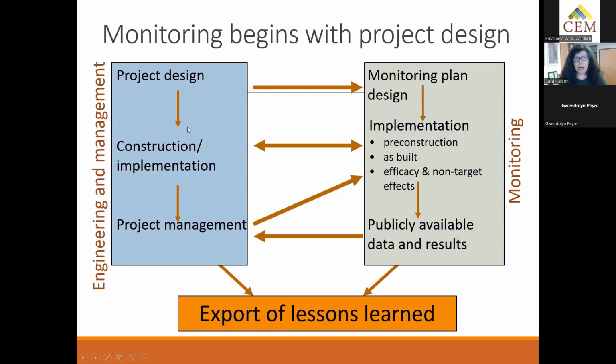So the blue box in the schematic is everything about planning and implementing your project, and then the green-gray box is everything about planning and implementing your monitoring. It's meant to show that they should be occurring at the same time. So you start your project design, you start your monitoring plan design, you do your implementation of your project, in engineering terms, that's the construction phase.